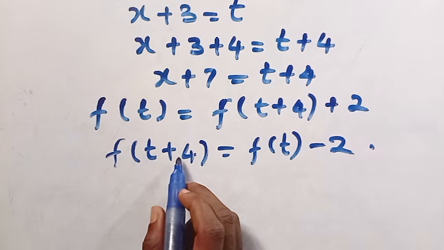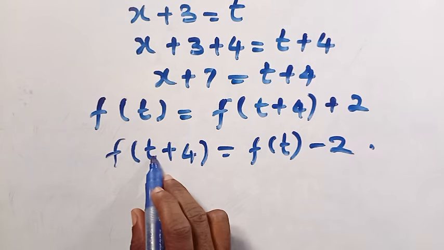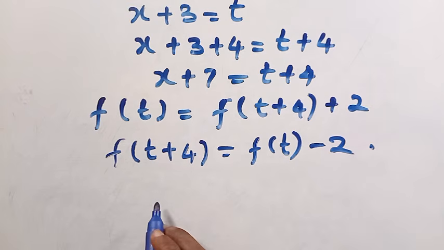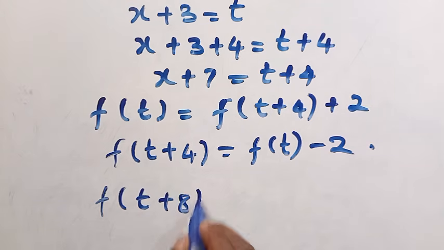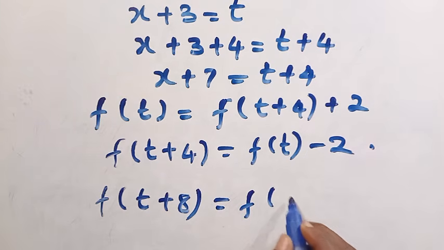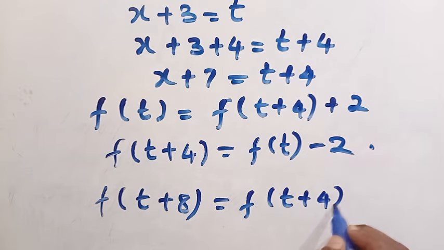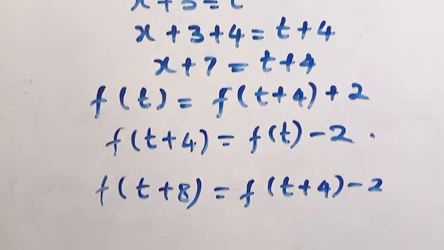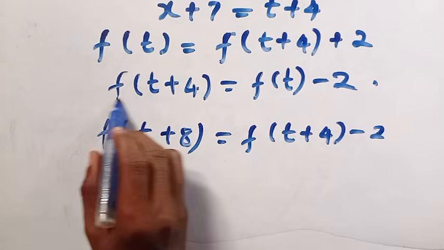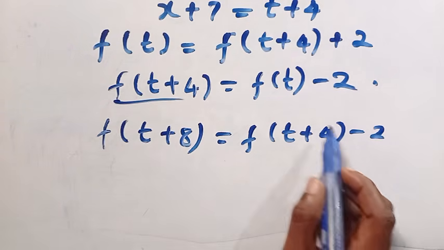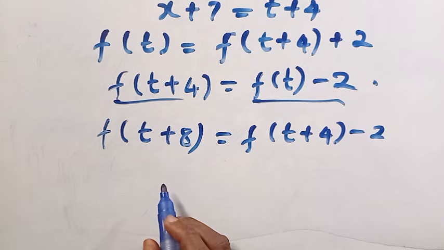Okay, let's say I increase this by 4. Anywhere I see t, I change it to t plus 4. We are going to have f of t plus 4 plus 4, that is 8, equals f of t plus 4 then minus 2. But at top here we have f of t plus 4, which repeats here, and the value is f of t minus 2.